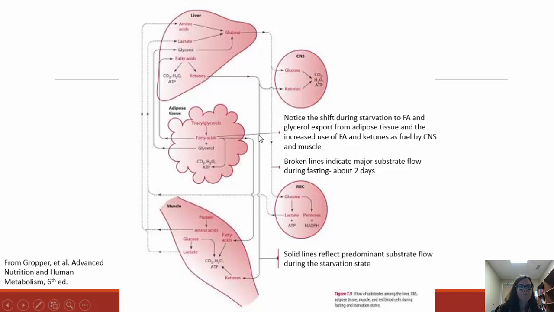Instead, we're relying more on the breakdown of lipolysis. These solid lines indicate the primary substrate flow during starvation. And so the fatty acids are going through lipolysis and producing ketones that are then utilized in our tissues for energy.